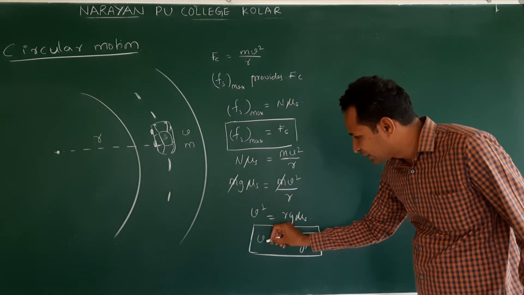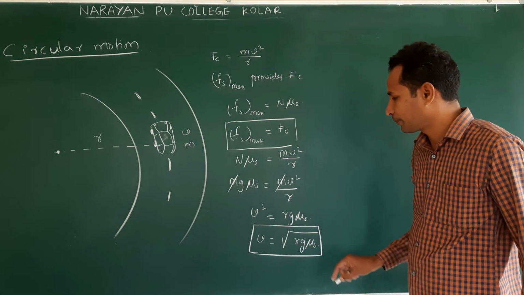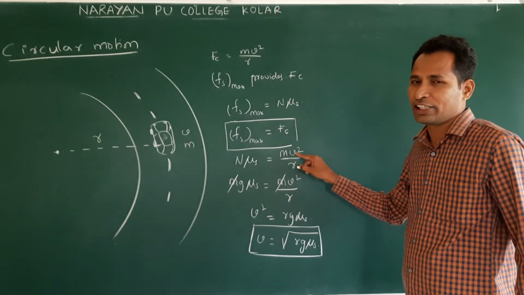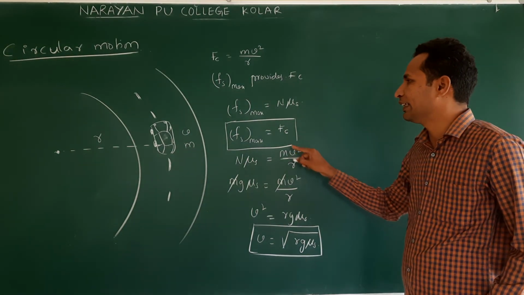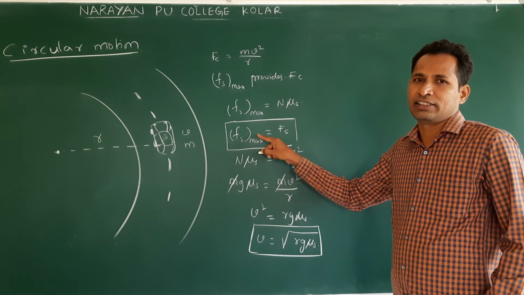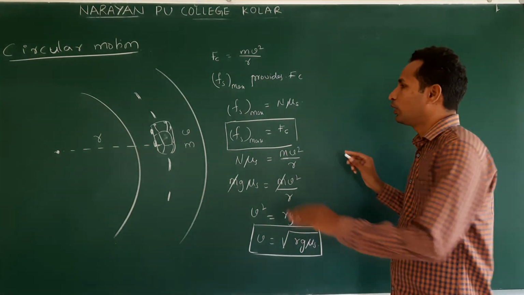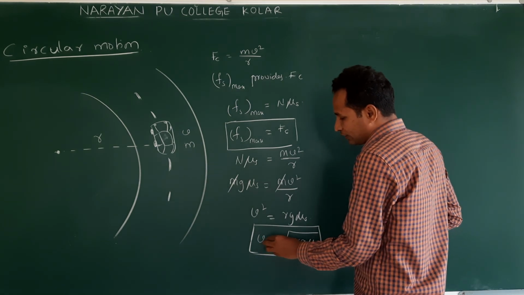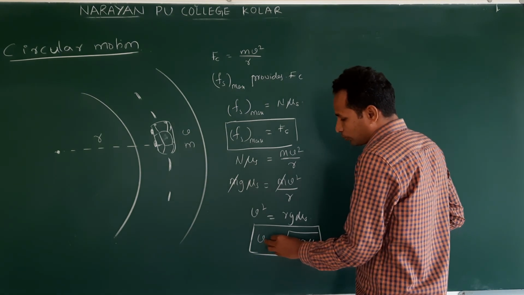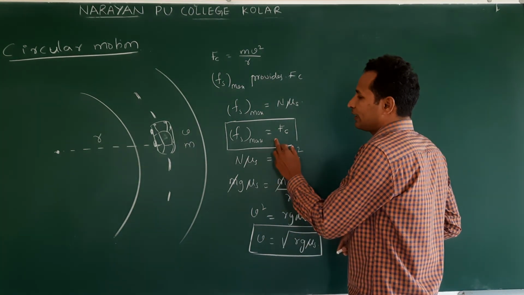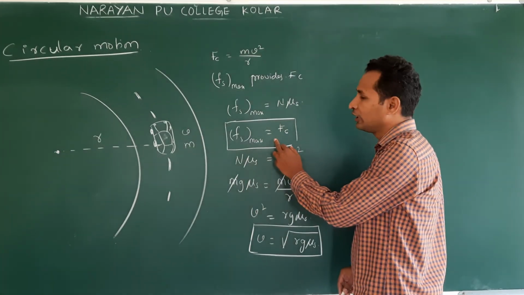If you increase the velocity, then the centripetal force increases. When the centripetal force increases, it dominates the static friction. If we move with more than this velocity, which force dominates? Centripetal force dominates.